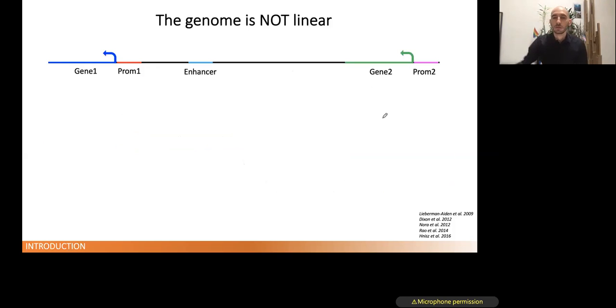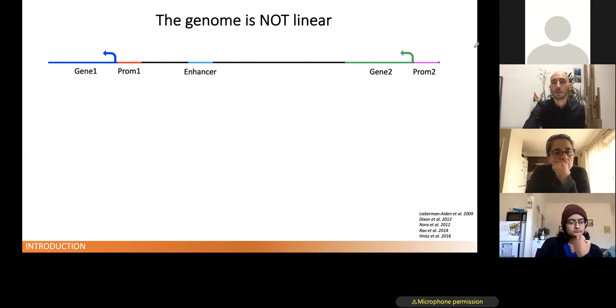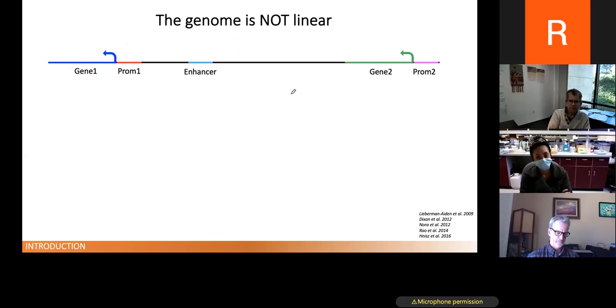But what is important to know, especially for my talk and in general, is that the genome is not linear. Even if we remember the classical biology textbook picture of a genome, with a gene, promoter, enhancer, and a different gene, we see it as linear.